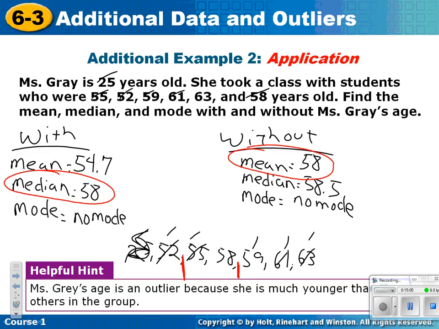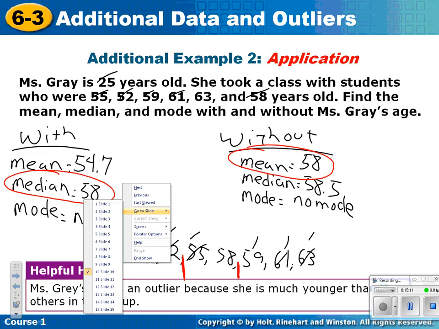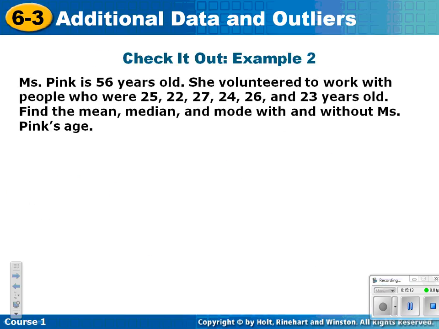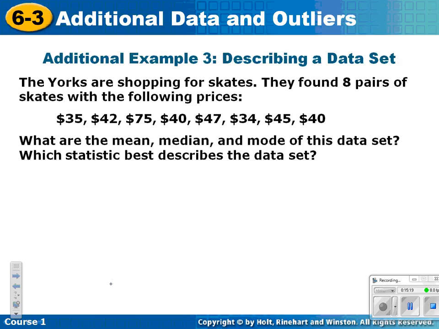All right, next thing. This one's the same. It's just the opposite, and we're not going to do it. Save some time. I want to ask you this. It's going to ask, what's the mean, median, and mode of this data set? First of all, and then the next question says, which statistic best describes the data set?